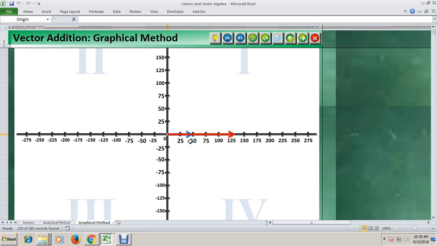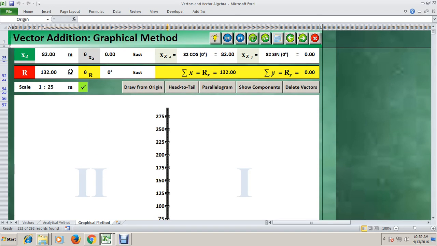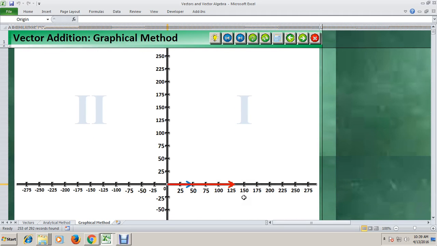Remember, the resultant vector is the vector drawn from the tail of the first vector ending at the head of the second, or last, vector. So the red vector should be drawn from the origin up to the tip of the green vector. Of course, the resultant vector, which is 132 meters, should be the length of this arrow.